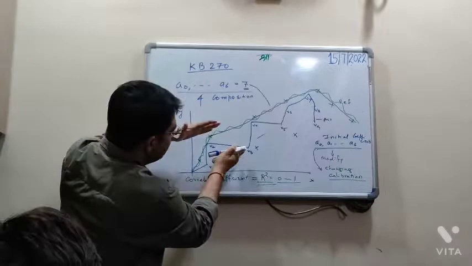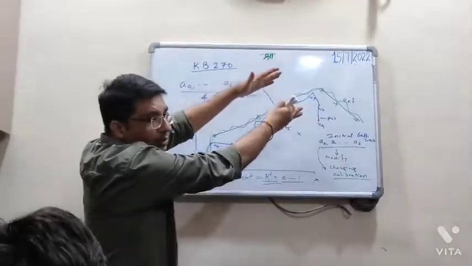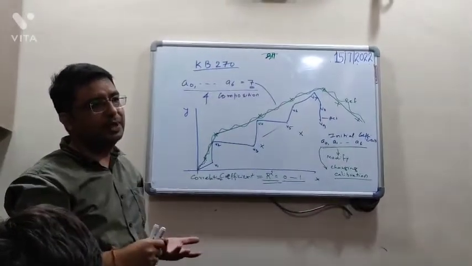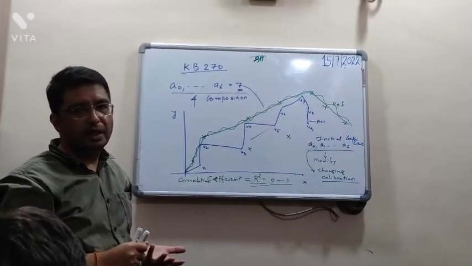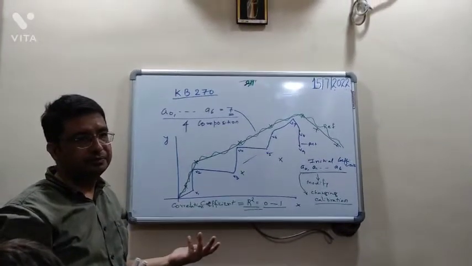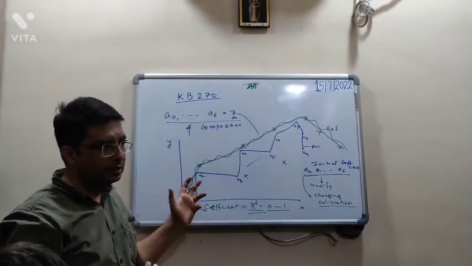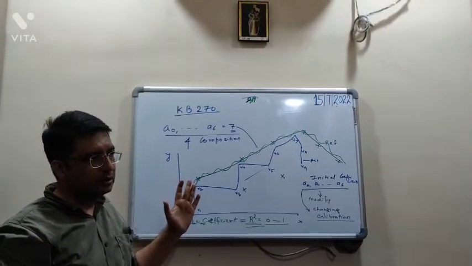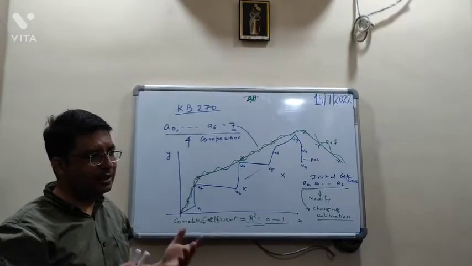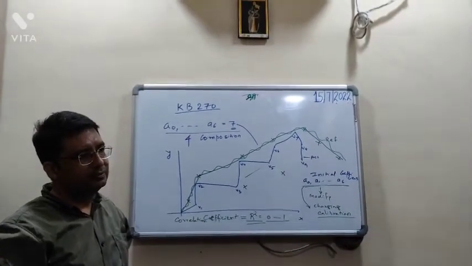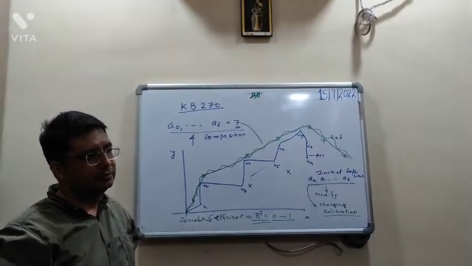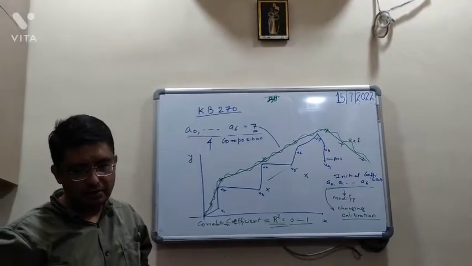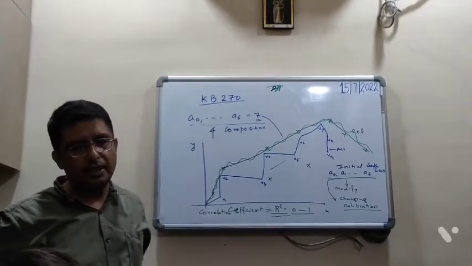So if the blue curve exactly matches the green one, that means it's the best calibration you did. Clear? Is there any confusion? No. So why have you been confused for the last 2 months? If you have any query or confusion, then let me know.